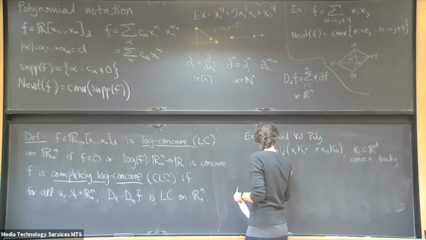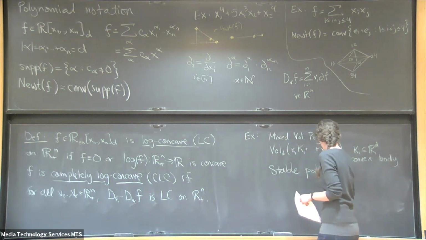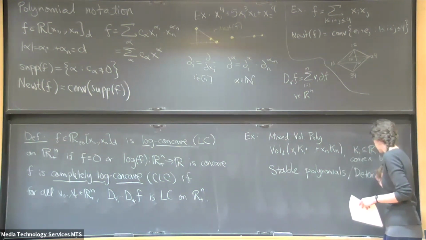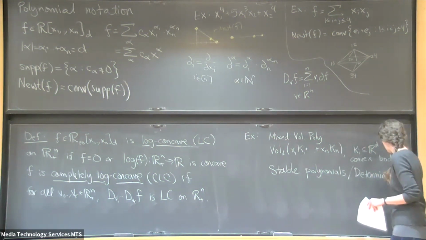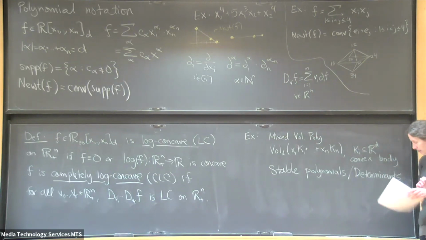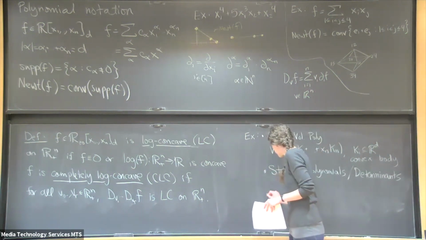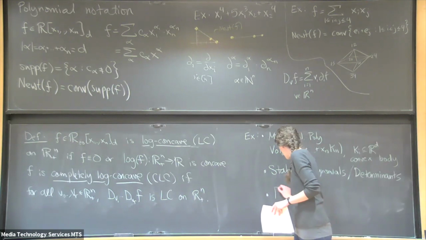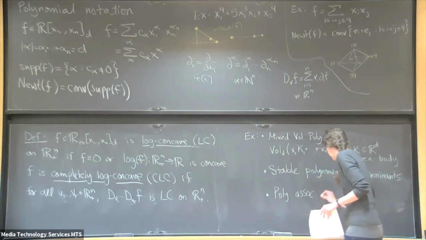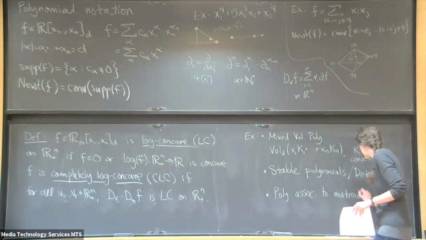One example that I'll spend a good amount of time on is something called stable polynomials. And also included in this are polynomials coming as certain types of determinants of linear matrices. And then another example that we'll see is that some polynomials associated to combinatorial objects called matroids will also fall into this case.